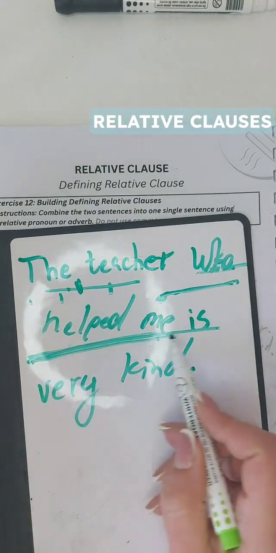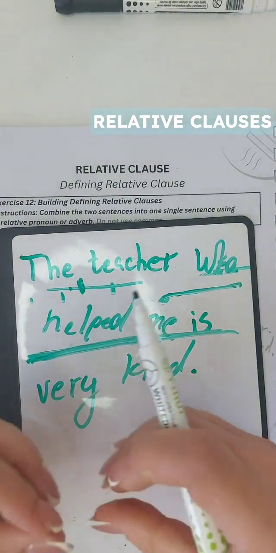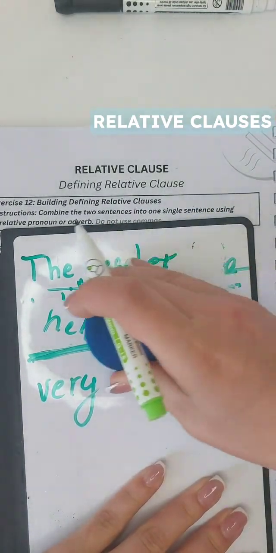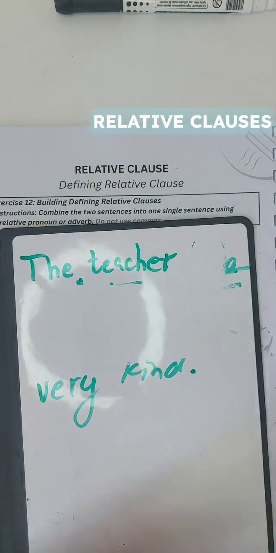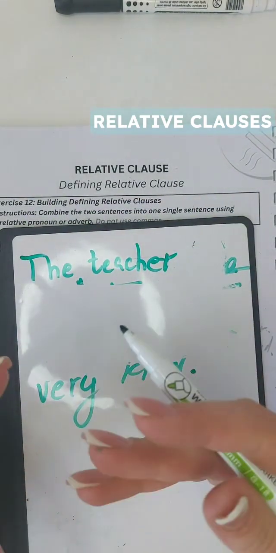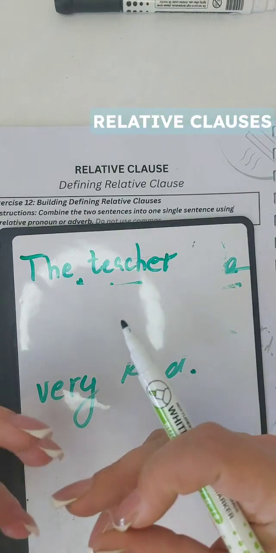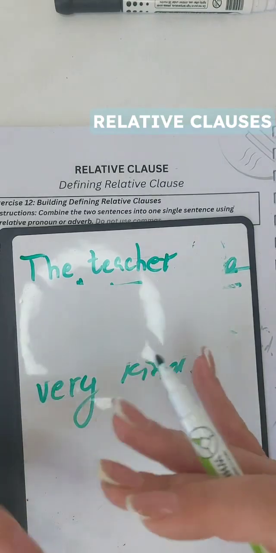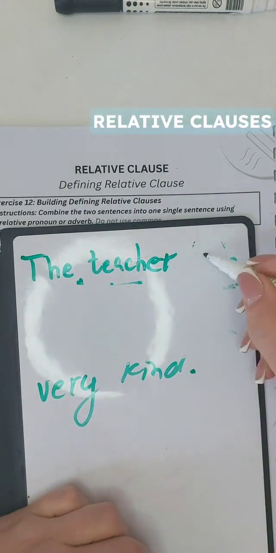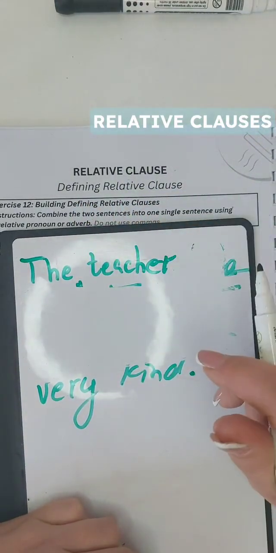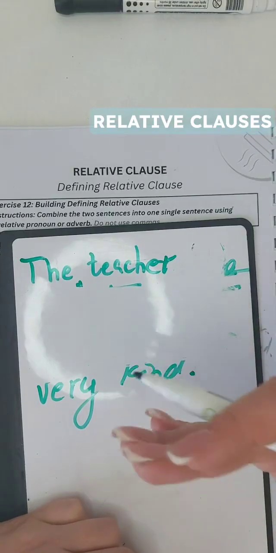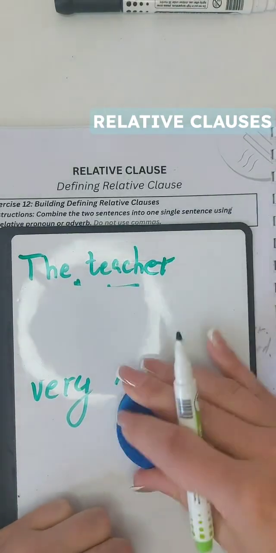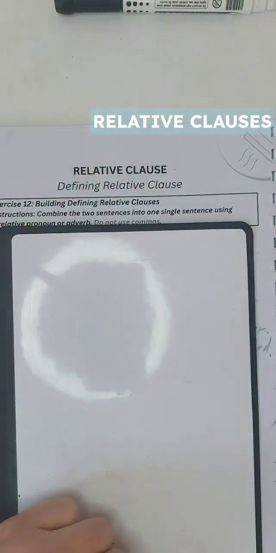This information is essential. Always think of it like that. If I remove this information, can the listener understand who I am talking about? If not, then you need a defining relative clause that provides essential information. Okay, another example.